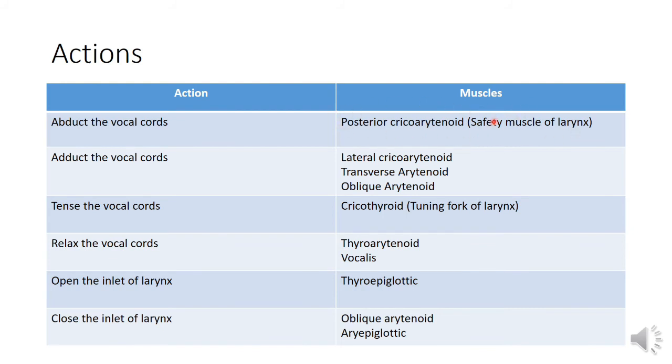The adduction of vocal cord is brought about by 3 muscles, lateral cricoarytenoid, transverse arytenoid and oblique arytenoid. Tension of vocal cord is brought about by cricothyroid muscle, called the tuning fork of larynx, and the relaxation of vocal cord is brought about by thyroarytenoid and vocalis. The opening of inlet of larynx is brought about by thyroepiglottic muscle, whereas the closing of inlet of larynx is brought about by oblique arytenoid and aryepiglottic.